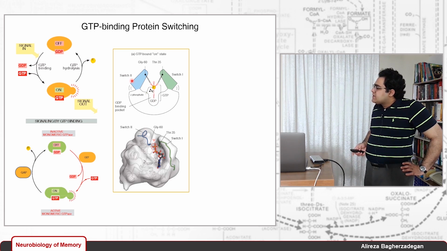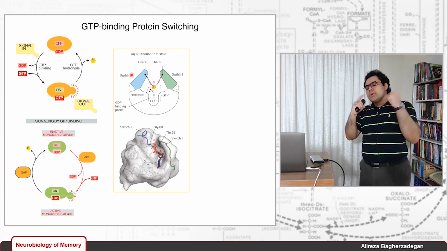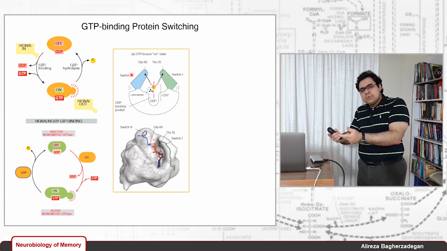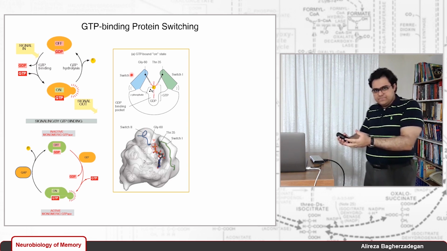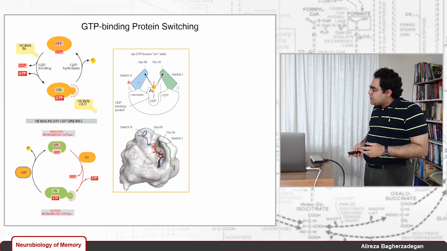And you can see that it has two switches, switch 1 and switch 2. These two switches are the parts which are going to interact with other proteins and activate them. So look at their conformation and their positions.